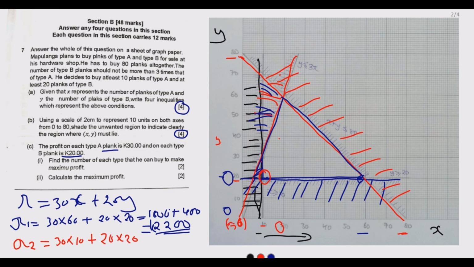So we end up with 300 plus 400, which is equal to 700 kwacha, which is way less than the 2,200. So this one is ruled out. Then we come to this point.